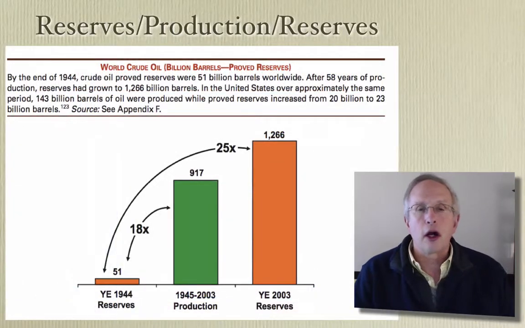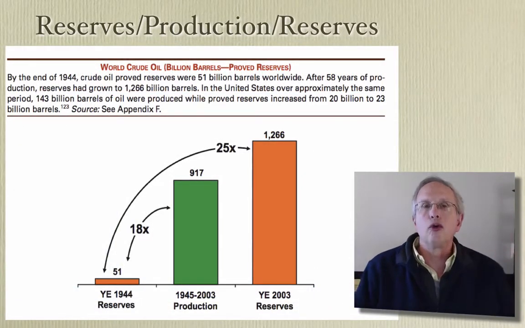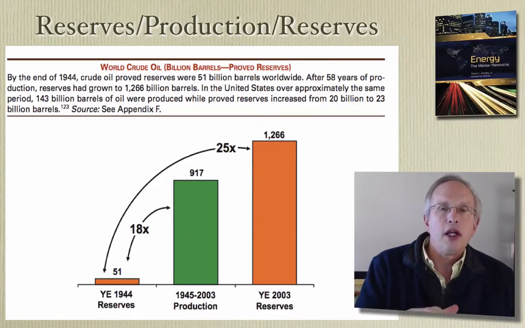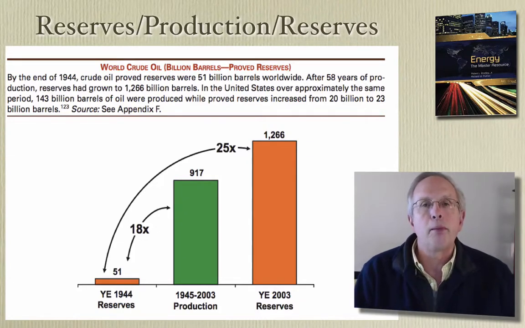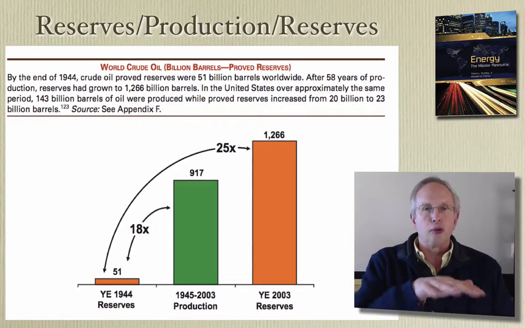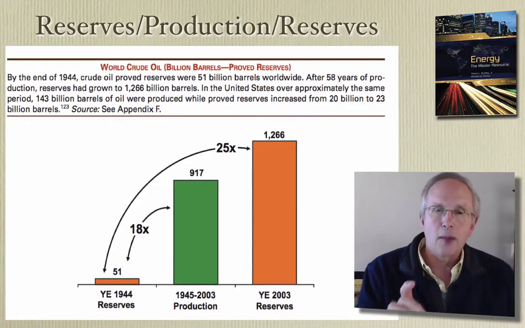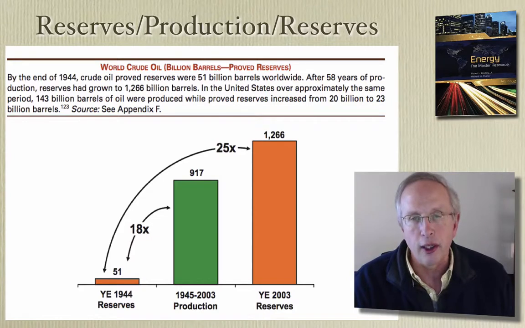Another interesting chart is the world crude oil. In 1944, they had 51 billion barrels worldwide of proved reserves. Then they consumed 18 times more than that until 2003.